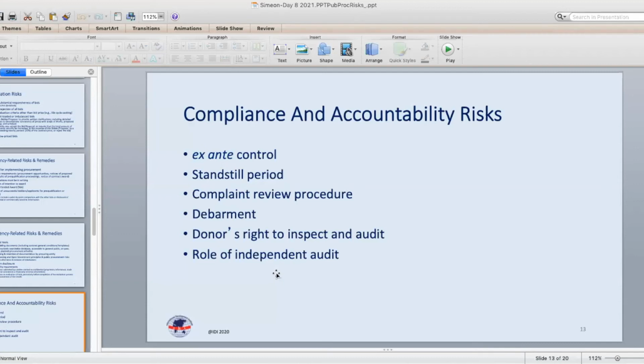But let me depart from the road here a bit. This ex ante control is very important across the board in public procurement systems.